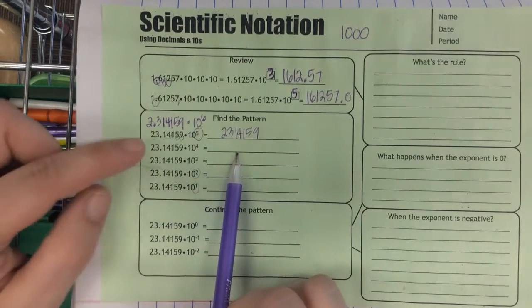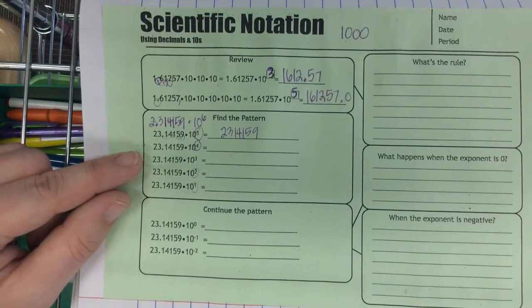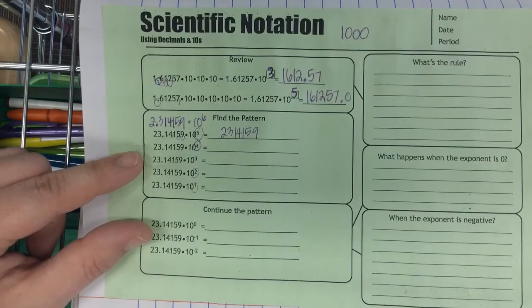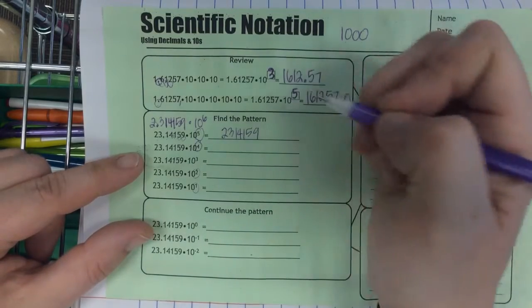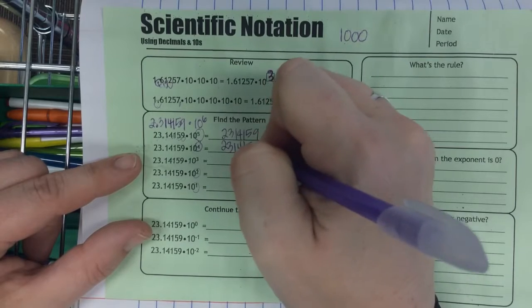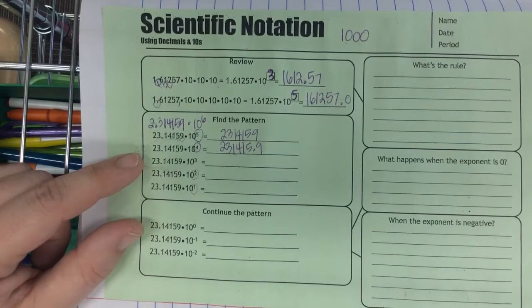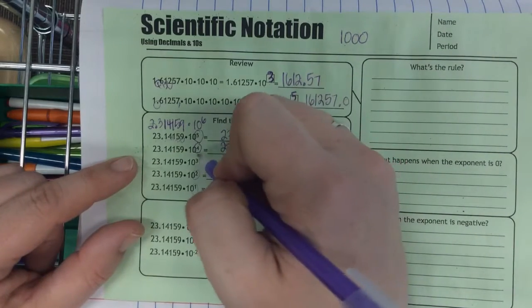So what's this one going to look like? If the exponent's 4, what's the change? Where does the decimal go, Maddie? In front of the 9s, between the 5 and the 9. What about the one where the exponent's a 3?